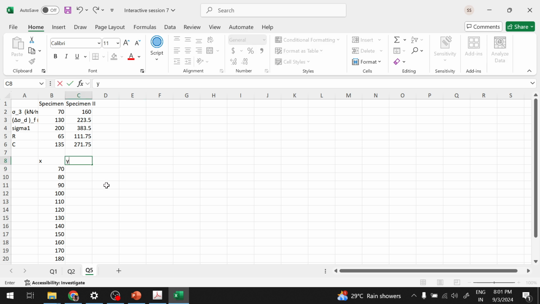So the y value will be square root of r square minus, because I'm already taking square, so it's okay.